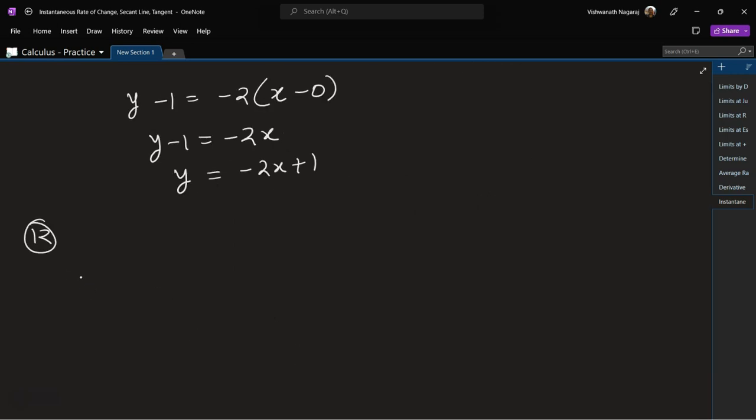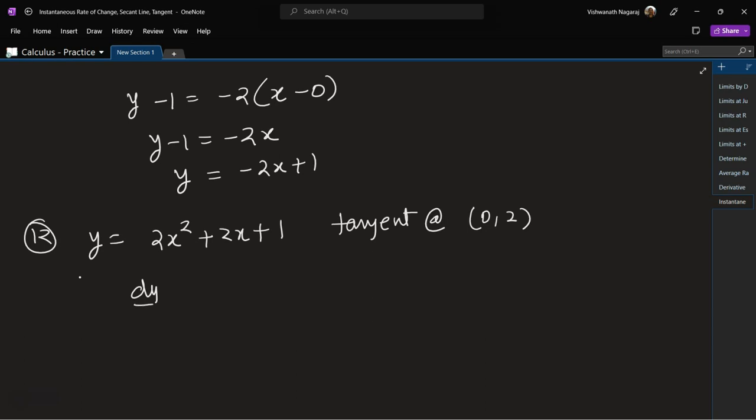Okay, 12th one. y is equal to 2x square plus 2x plus 1. And we have to find the tangent at 0, 2. So dy by dx is equal to 4x plus 2.